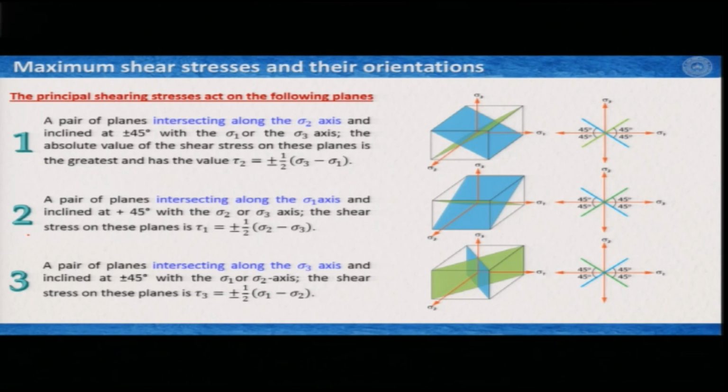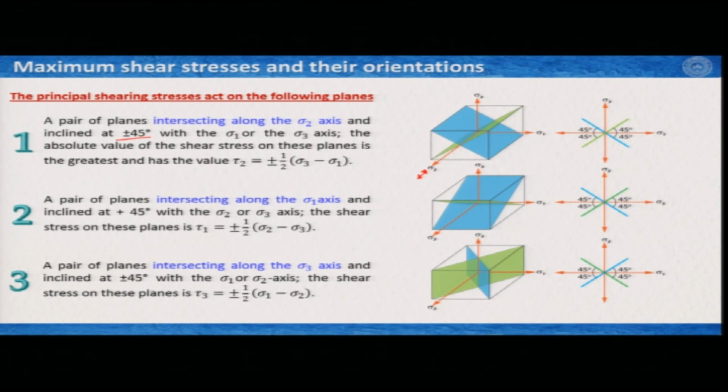Now, in the first possibility, you can get a pair of planes which are intersecting along the sigma 2 axis. So, I have these two planes, one is blue, one is green, they are intersecting along the sigma 2 axis, okay, and they are inclined to the sigma 2 axis with a value of plus and minus 45 degrees.